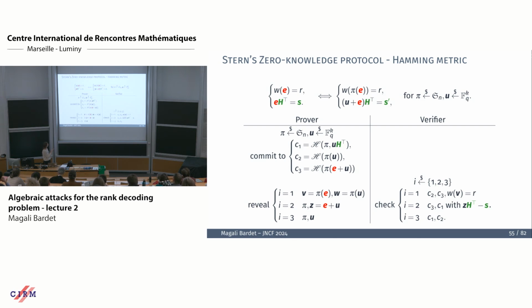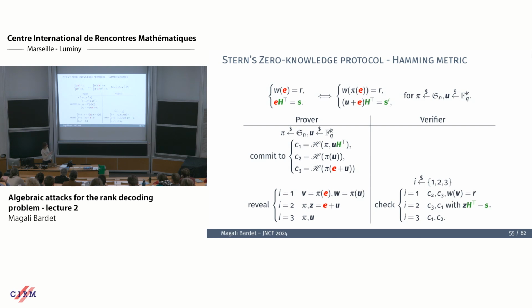If you reveal all the values, you reveal the permutation, the permuted value of E plus U and of U, so you can compute the permuted value of E. As you know P, you can compute E. So it's impossible to commit to all these values if you don't know the secret.